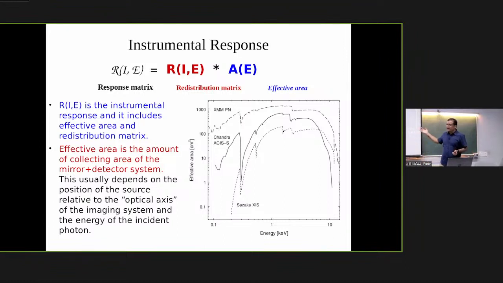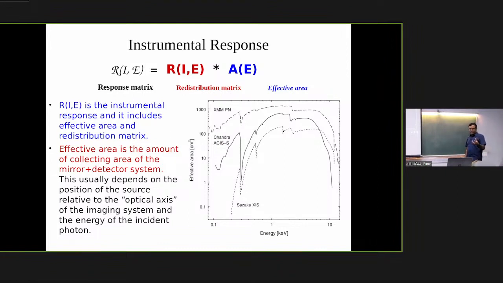But because there is a lot of energy dependence in the way X-rays interact with your collecting telescope, the transmission filter, or the detector, there are so many of these features. And these features, which you may come across, are called edges, absorption edges.